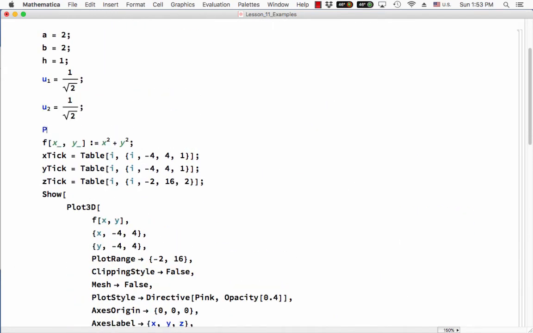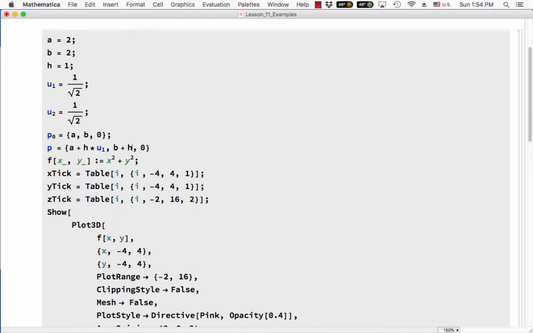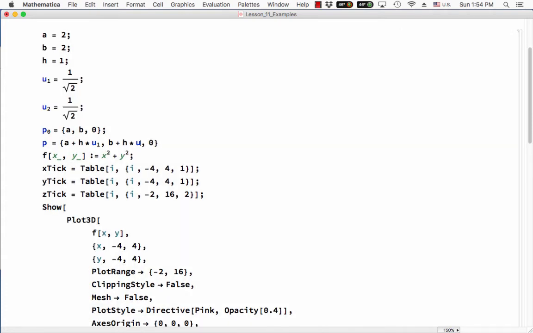Let's call point P0 the point A comma B. And then we'll call the point P, in general, the point A comma B comma 0, because it's in R3. And then this would be A plus H times U sub 1. This would be B plus H times U sub 2.